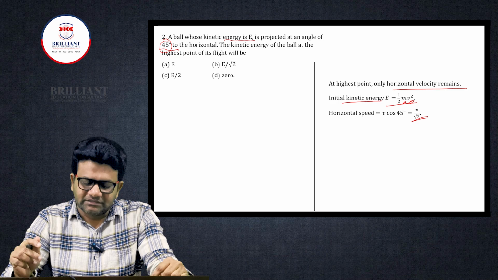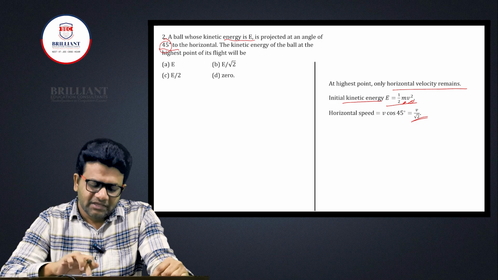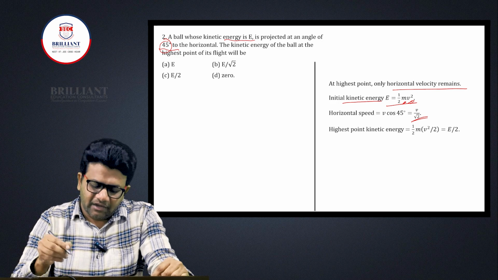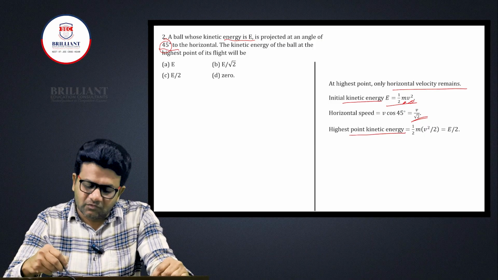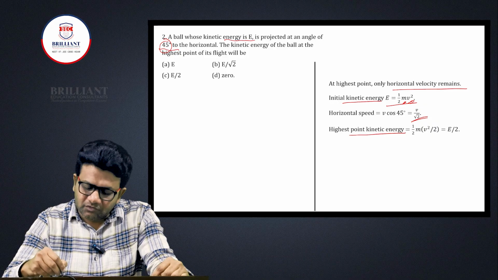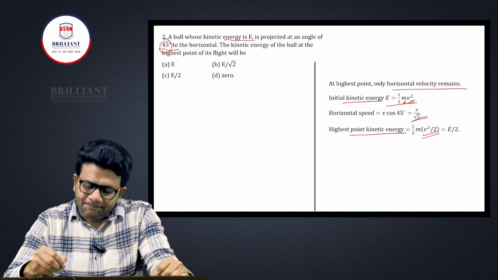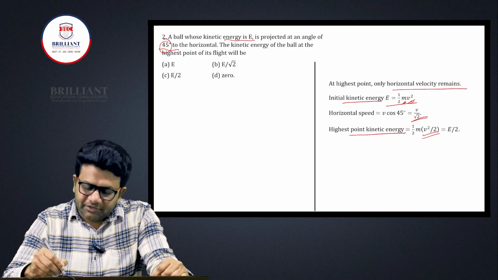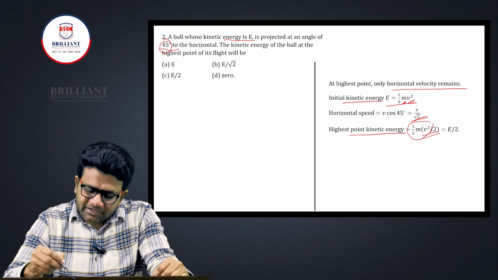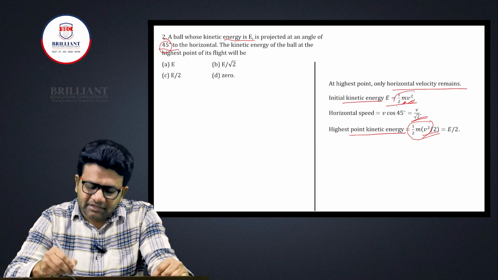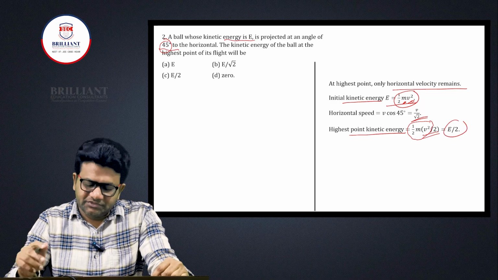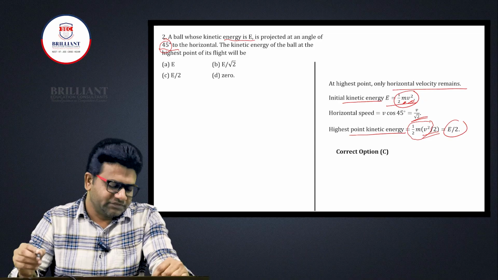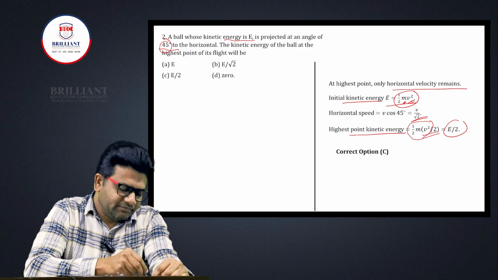Then the kinetic energy at the highest point is half m into V by root 2 whole square. By substituting here you get half mv square by 2. Half mv square is nothing but E. So the answer is E by 2, and the correct option is C, E by 2.